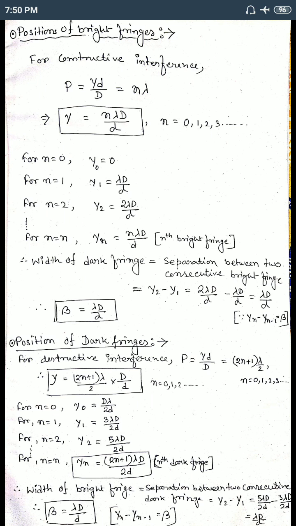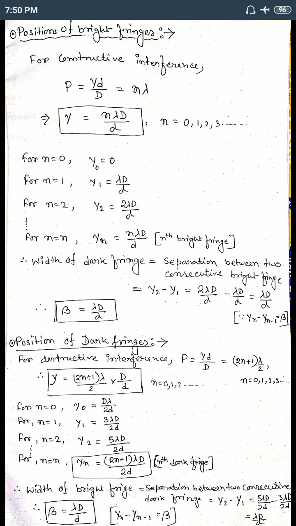So we use that concept here. We get yd by D equals n lambda, so y equals n lambda D by d, where n starts from 0, 1, 2, 3 onwards. If n equals 0, that means the center point, so y0 equals 0. That is the central bright fringe.